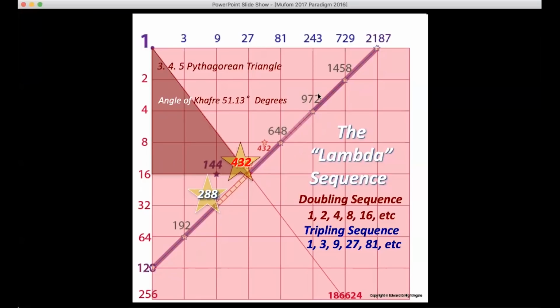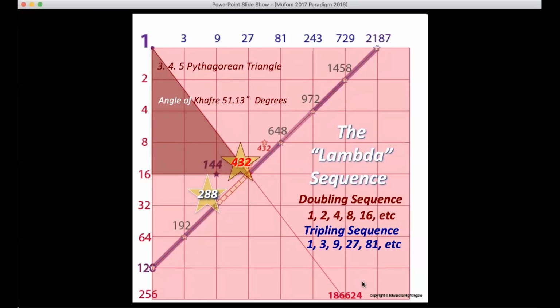And what's interesting here to note, and is a major point, we're not going to get too deep into it right now, but if you square 432, you get 186,624, which is very close to the speed of light in miles per second. 432 squared. Okay.